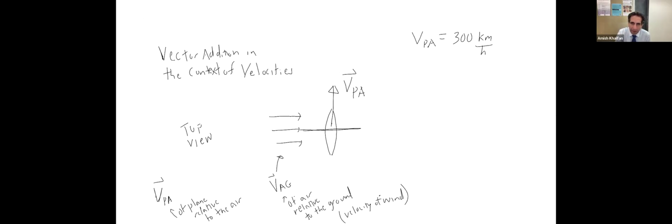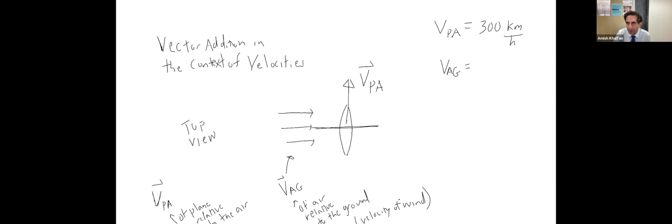And let me also say that the speed of the air relative to the ground, the wind speed, if you'd like, is 300. All right, actually, let me provide values that are more representative of what you might actually encounter in the real world. So the speed of the plane relative to the air, let's see.